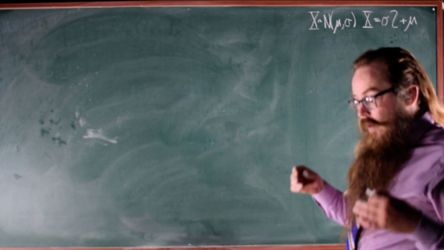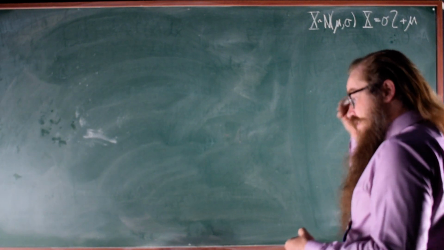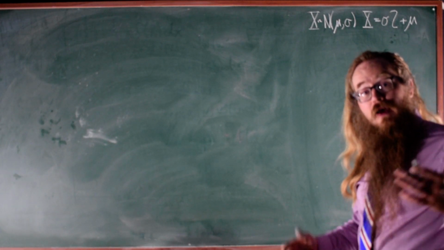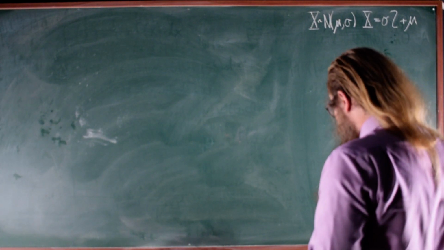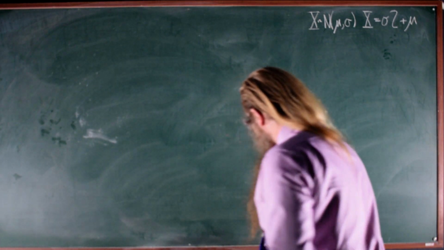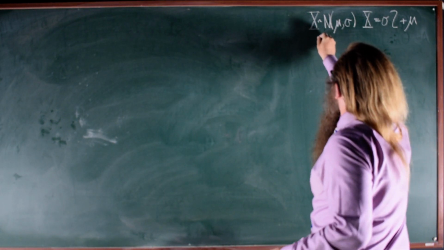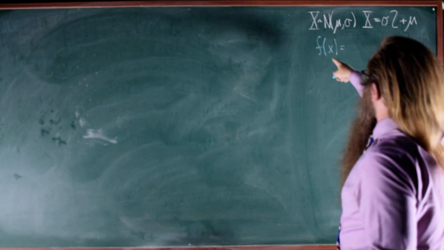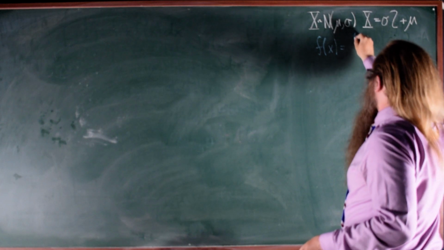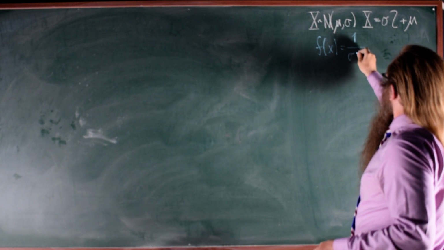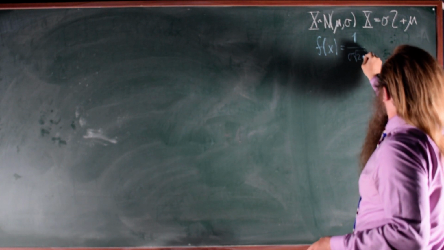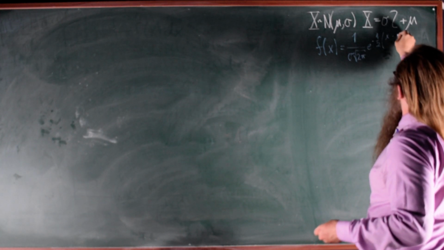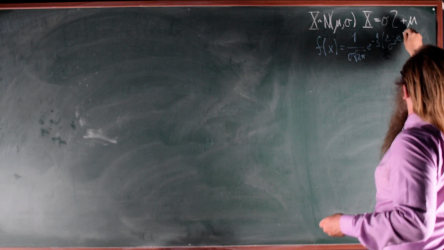So what I want to do now is make sure that this construction actually has the correct properties. The first thing I'm going to do is write an expression for its probability density function. The probability density function is going to be 1 over sigma square root of 2 pi e to the power of minus 1/2 (x minus mu over sigma) squared.